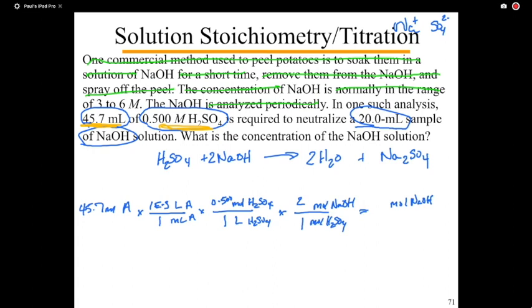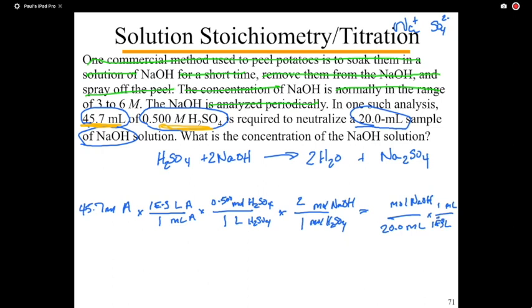The concentration, and that's in molarity. So moles of sodium hydroxide have to be divided by liters of sodium hydroxide. Do I have liters? No, but I have 20 milliliters. So that will be the number of moles in 20 milliliters. And then what do I have to change milliliters into? Liters. 1e to the minus 3.